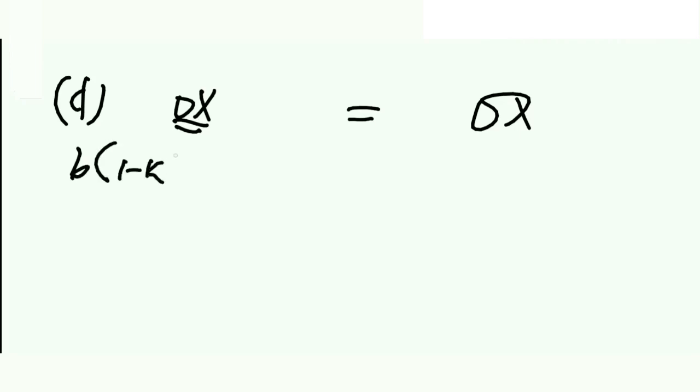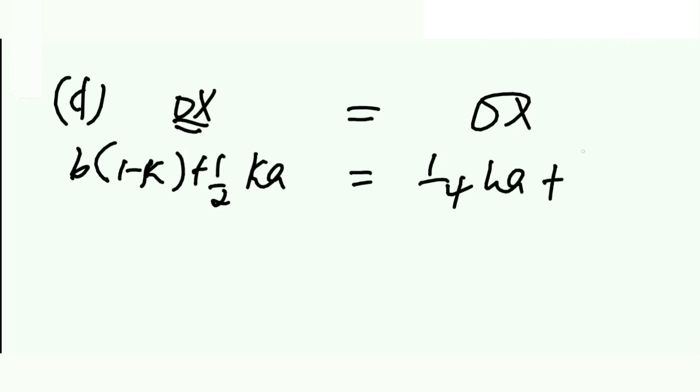OX from B part 2 equals OX from question C. So OX from B part 2 is B, open bracket, 1 minus K, plus half KA equals quarter HA plus 3/4 HB.